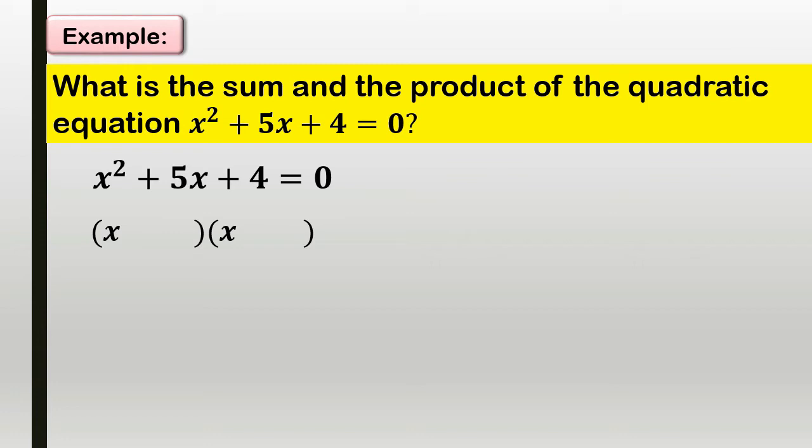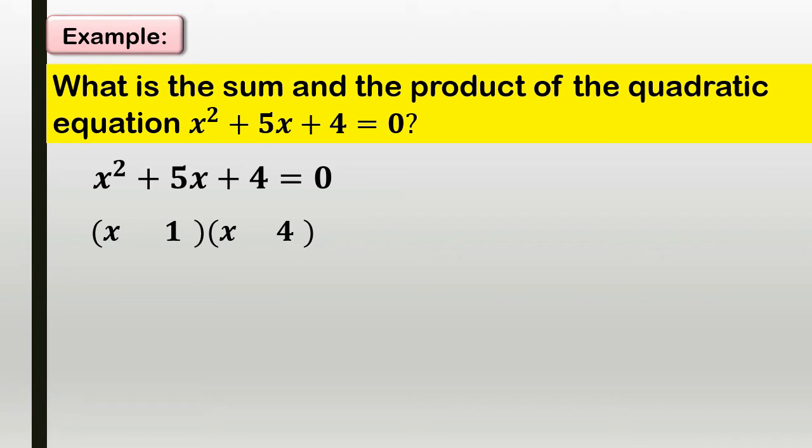So, the only factor that we can use sa last term ay 1 and 4. So, 1 times 4 is equal to 4, and 1 plus 4 is equal to 5. Okay. Now, let's find out what is the operation that we can use here.